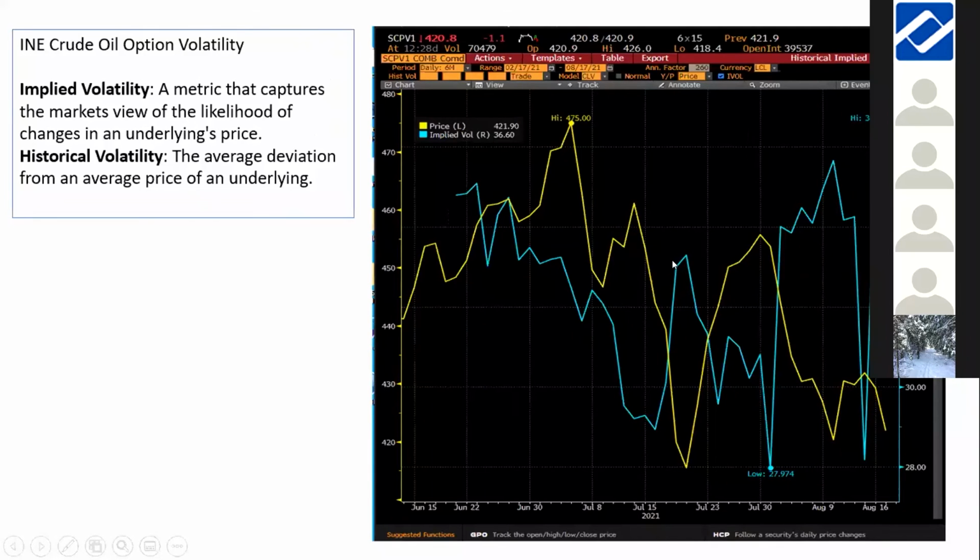So there's some type of event that takes place in there. And from this point on, it's almost an inverse, where when the price starts to trade higher, volatility goes lower. And as price starts to come lower here, volatility goes higher. So different dynamics change.